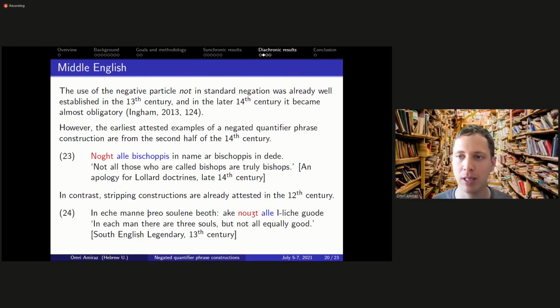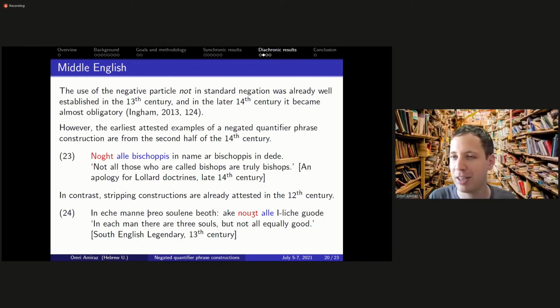So what I presented today is actually part of a larger project, so I just focused on this construction. In many languages, for example in Hindi, where you don't have this construction, you would say everyone doesn't eat mango, and it would mean that not everyone eats mango. Some languages use clefts, like it's not everyone who eats mango.